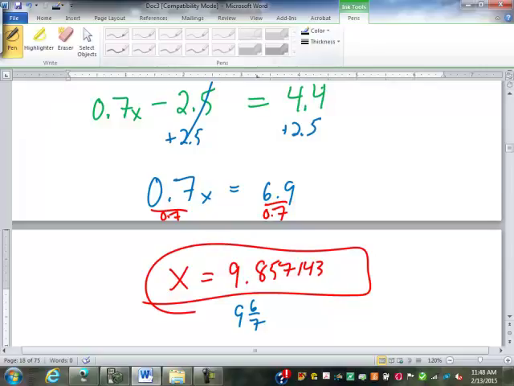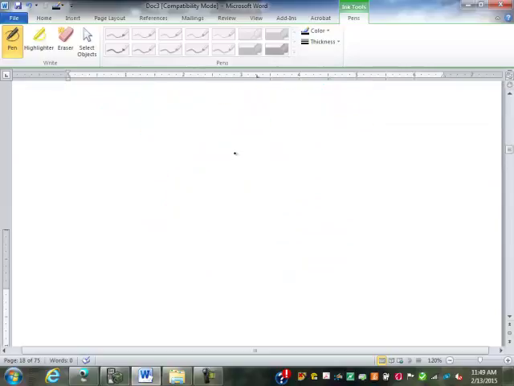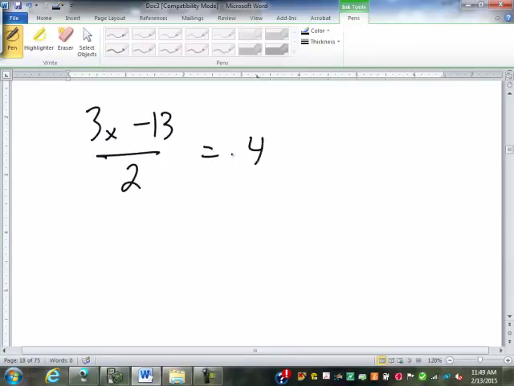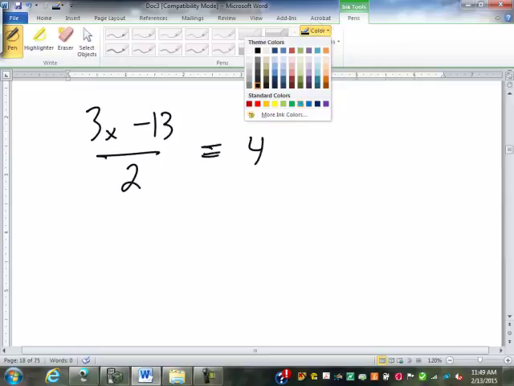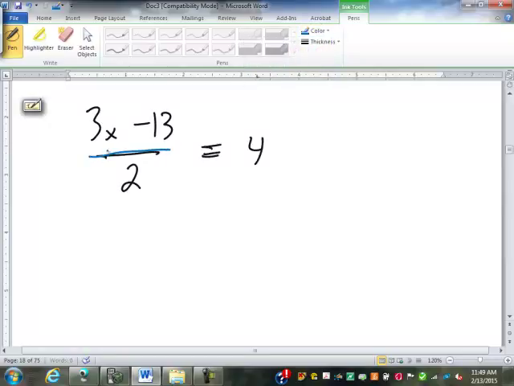So anyway, they get progressively more difficult from there as well. We can run into equations like this. So now in this equation, again, it comes down to this fraction bar here and what that means.